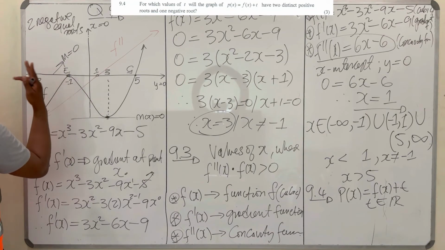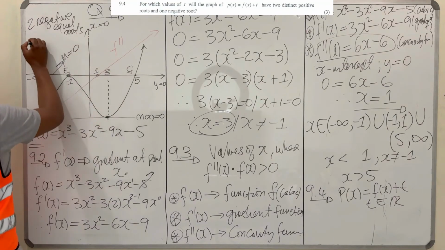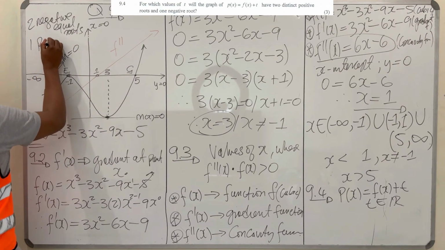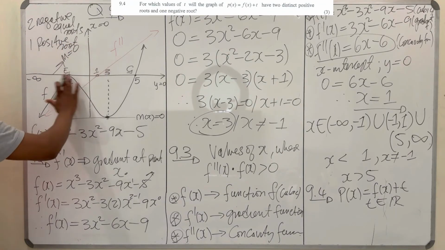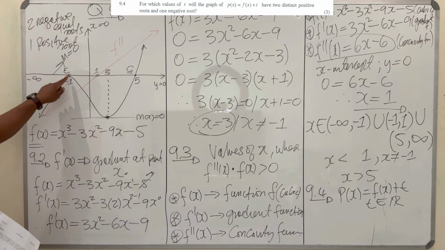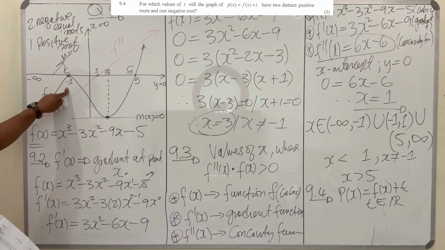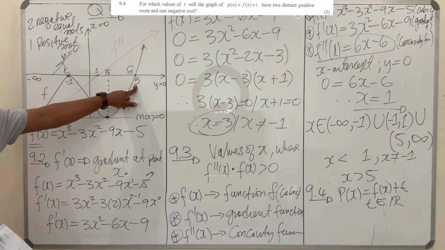So these roots are 2. They are equal and they are both negative. And 1 positive root. This is what you have on f. This is your situation. At f, you have 2 equal negative roots and 1 positive root.